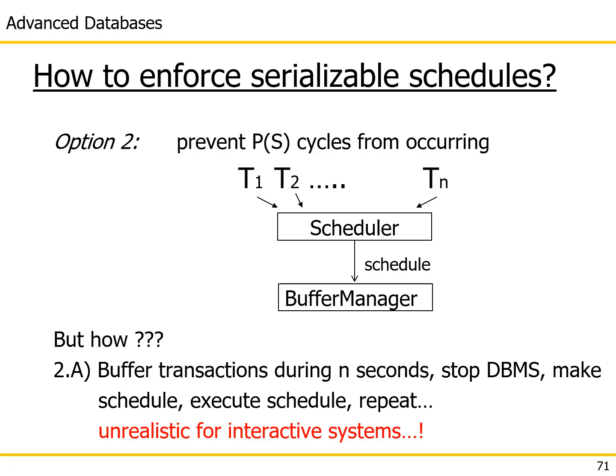Now, it's possible to design a system like that, but the problem is, this is not an interactive system. While you're executing your transactions, you're not running any other transaction, you're just accepting them and holding them in a place, in a queue or whatever, until you're ready to process them. Now, I've mentioned this before, and I told you this is what the scheduler does, but this is not exactly what it does.